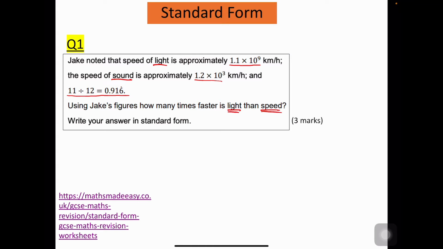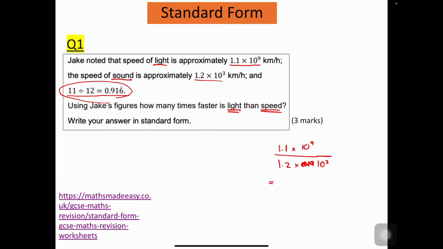So we need to divide 1.1 multiplied by 10 to the power of 9 by 1.2 multiplied by 10 to the 3. Okay, now I can see why they've written this. We want to get ourselves in a situation where we have 11 divided by 12.